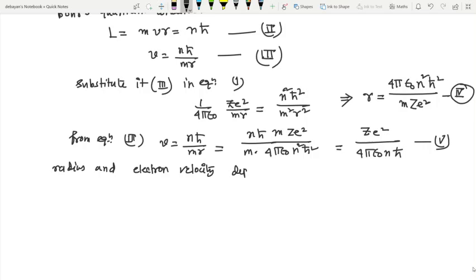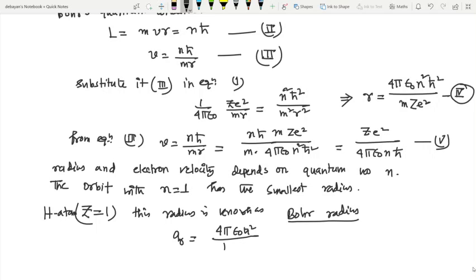And Bohr radius is nothing but a naught, which is 4 pi epsilon naught h bar square by m e square. So if we put Z equals 1 and n equals 1 in equation 4, what we will get is 4 pi epsilon naught h bar square by m e square.